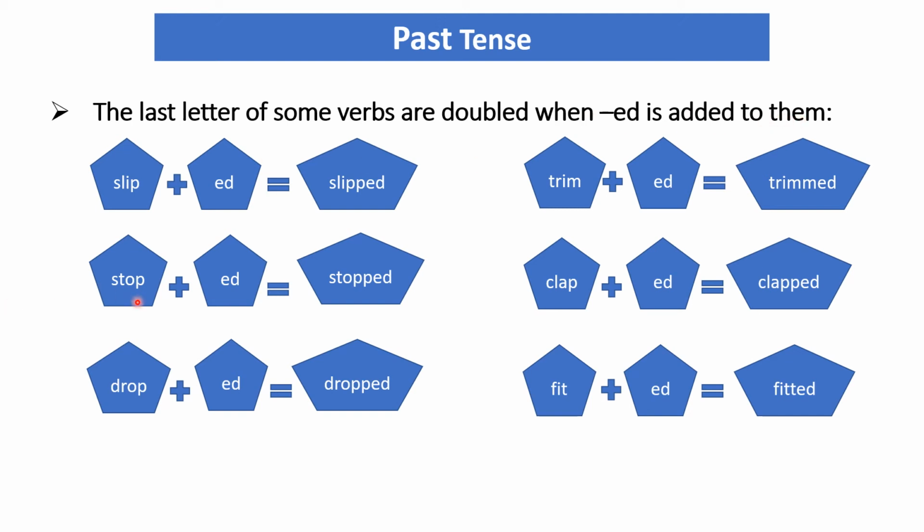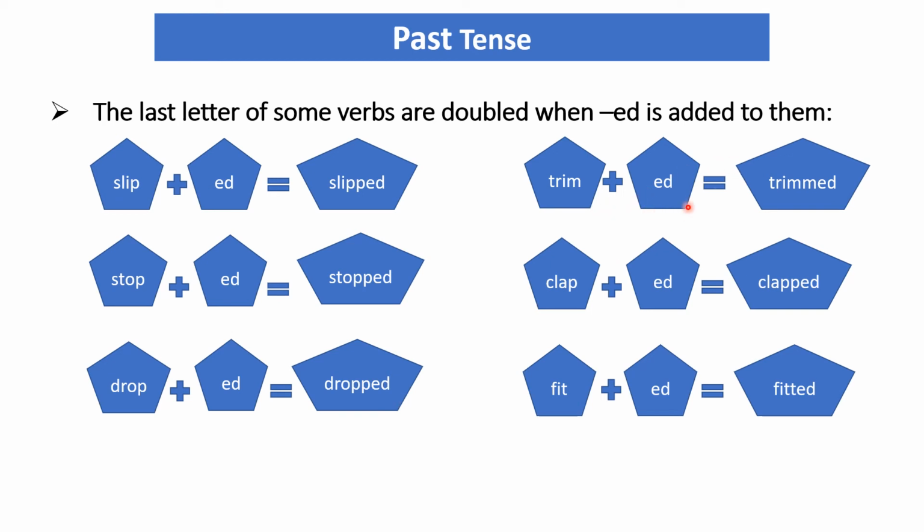Stop. Now this is the base form of the verb. When we add ed and we want it to become the past tense, we have to put in the letters ed plus we have to double the last letter here. The P becomes double P. Stopped, S-T-O-P-P-E-D. Drop plus ed becomes dropped, D-R-O-P-P-E-D.